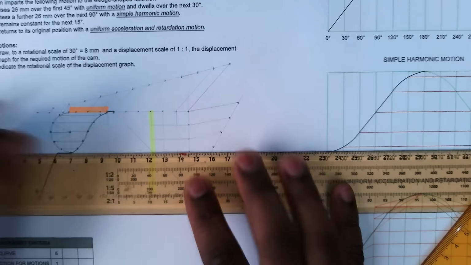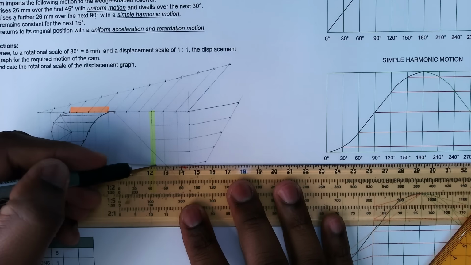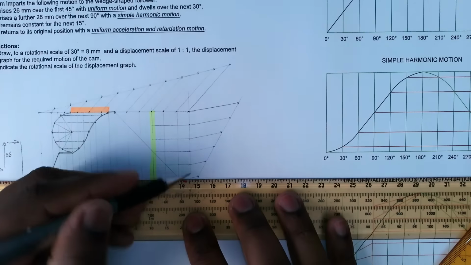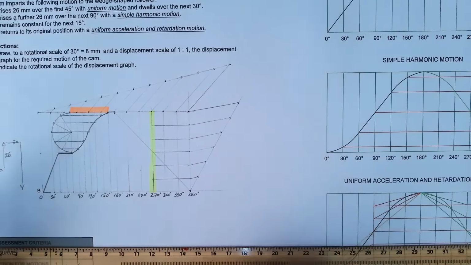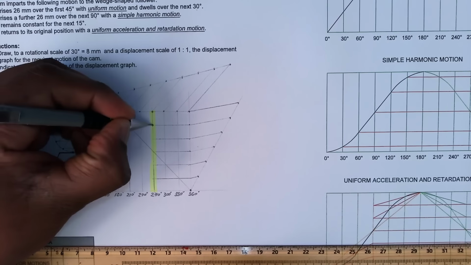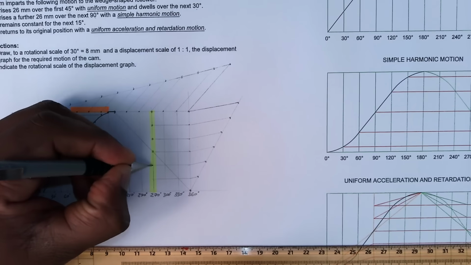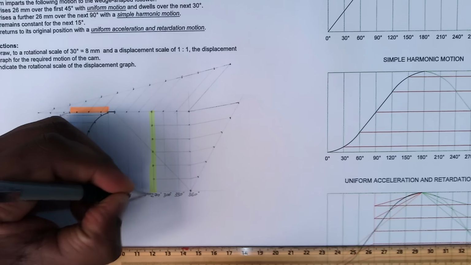This must connect with that one in the middle, like that. Okay, so now I have points here. So the first point is there, the second one, the third one, the fourth one, all the way down there.